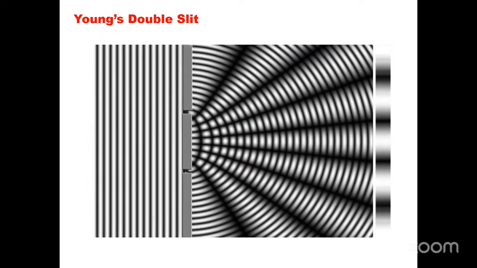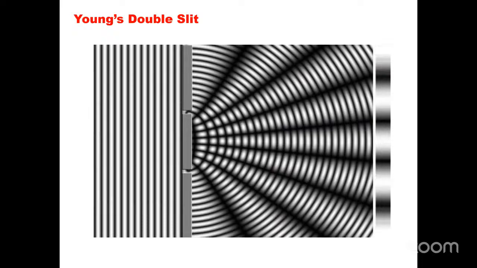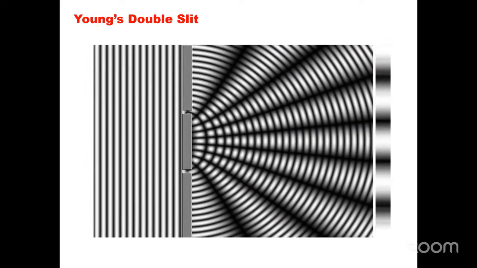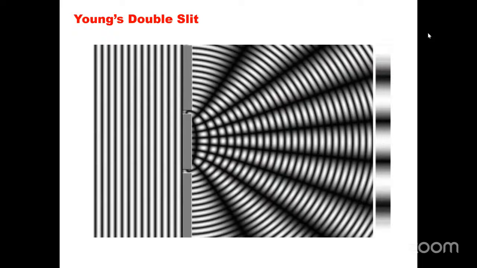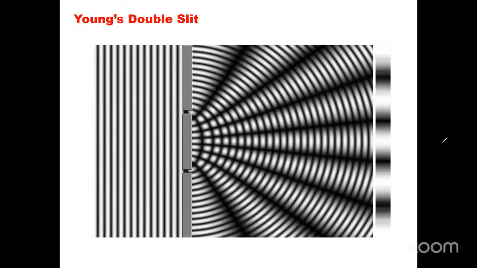Then you are finding the interference. So here you can see, this is the bright, this portion is dark, here also dark.